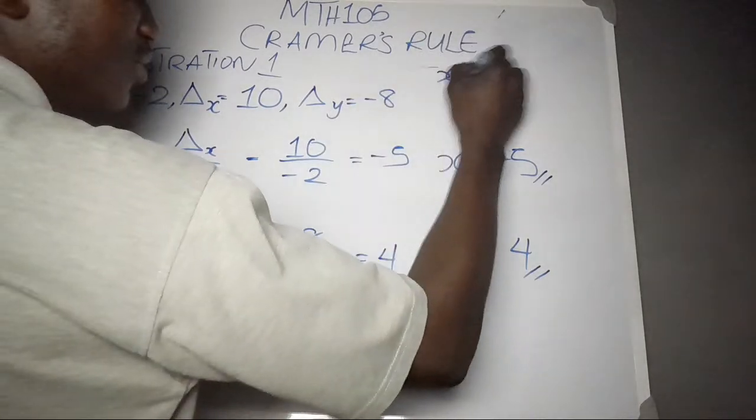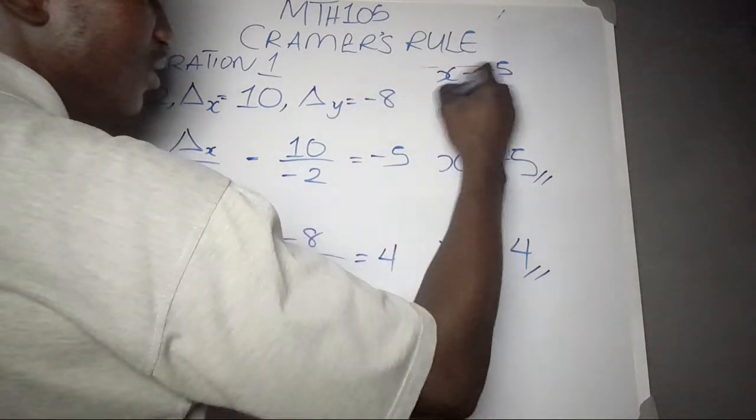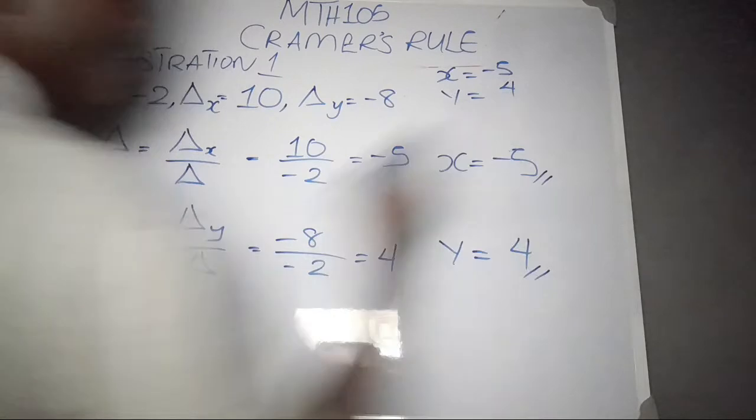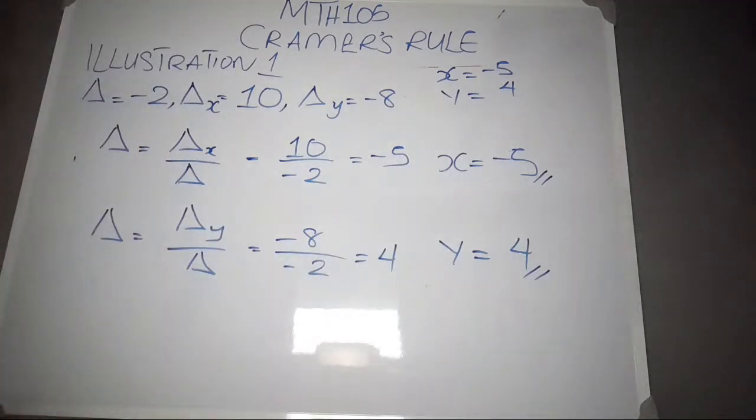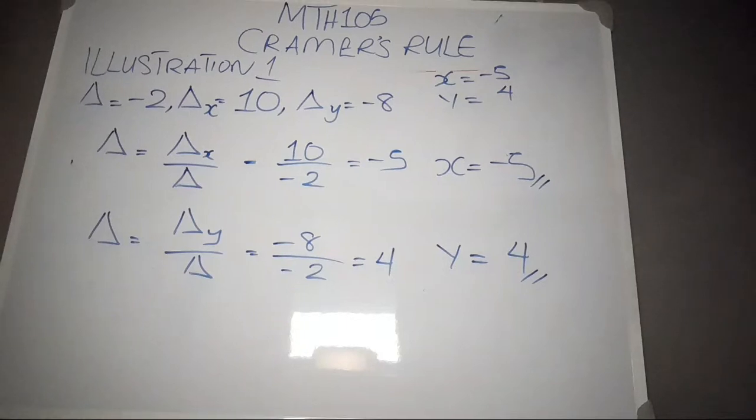Since x is equals to minus 5, then y is equals to 4. Then let's check something. Is it clear up to this extent? Is it clear enough?